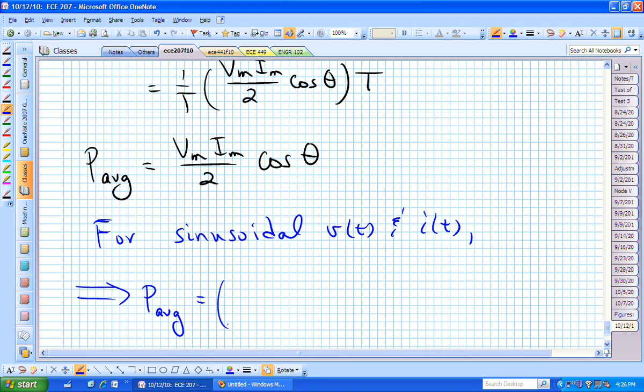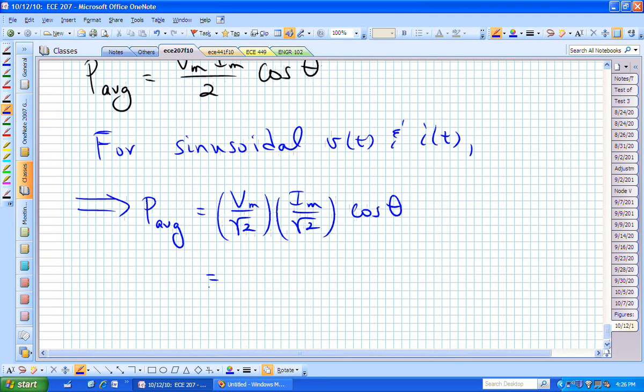Or I could ask that another way. Suppose I split that 2 equally. I take the square root of it and I put one square root with V sub m and one square root with I sub m. I haven't changed that expression at all. But now does that V sub m over the square root of 2 look familiar as far as notation?